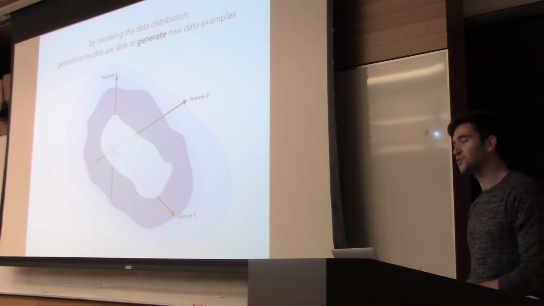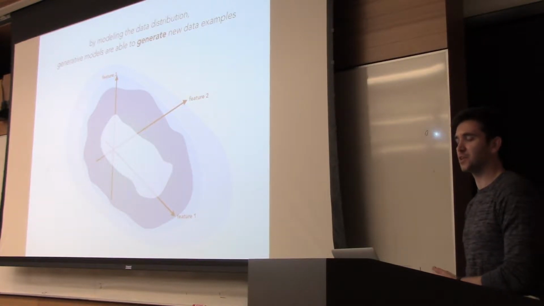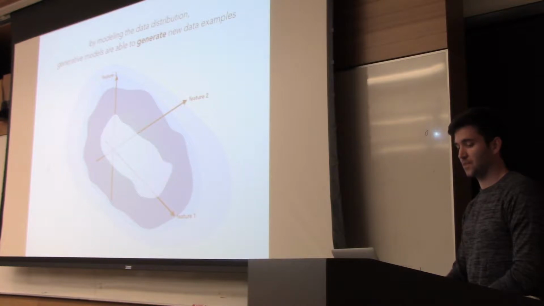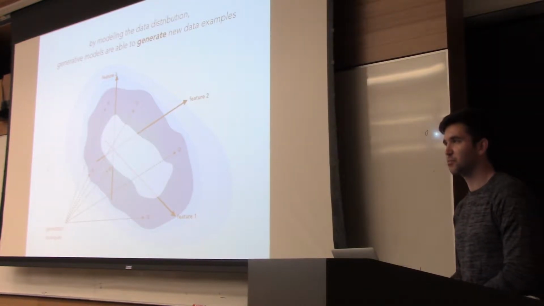One of the cool things you can do with a generative model is that once you have this density estimated, you can then sample from this density to retrieve new generated examples. So I might sample points in this space, and these are brand new data examples.